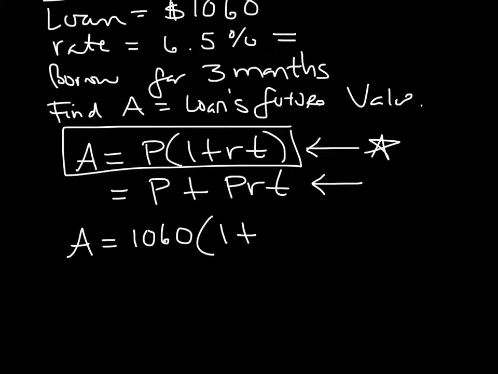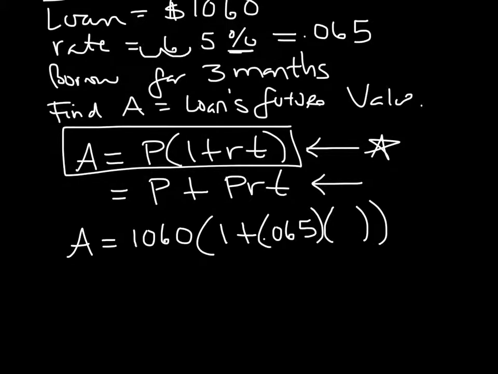We want to divide by 100, so it's going to be 0.065. This is still percent because it has a percent sign. So I have 0.065, and maybe put parentheses, and times the time. How long am I borrowing this for?